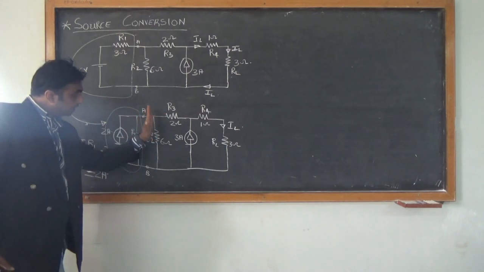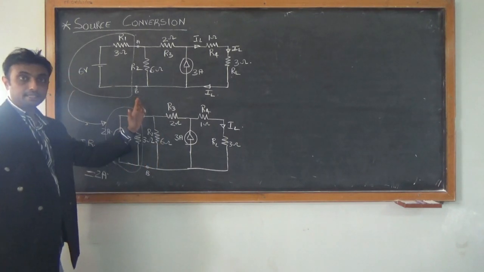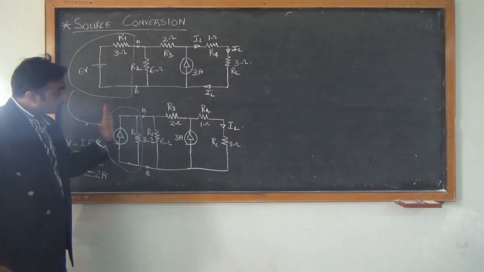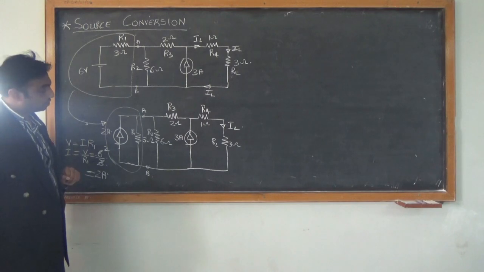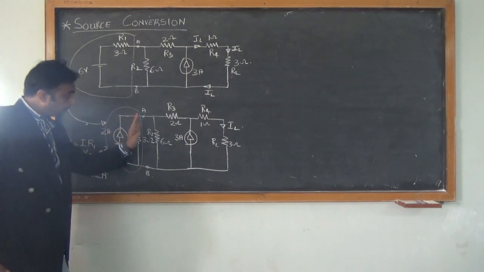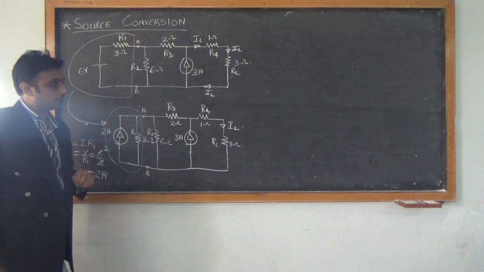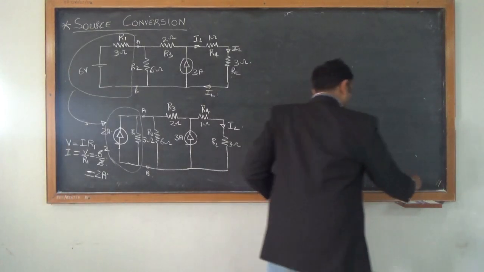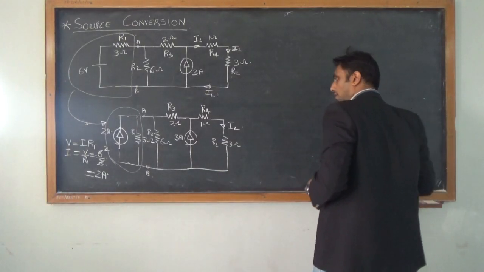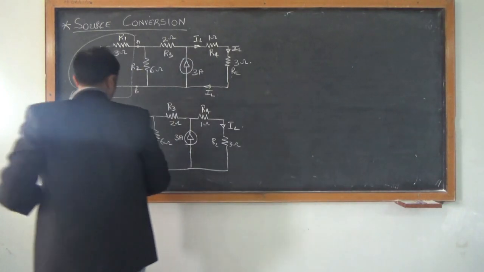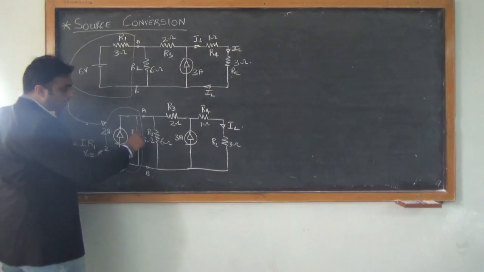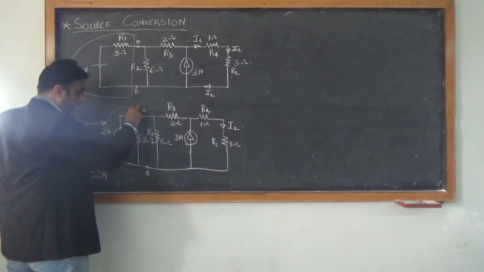So I will simplify the circuit by combining the resistors together. Which resistors can I combine? As you see, R1 and R2 are in parallel.